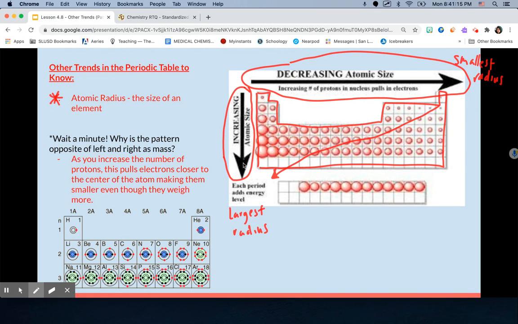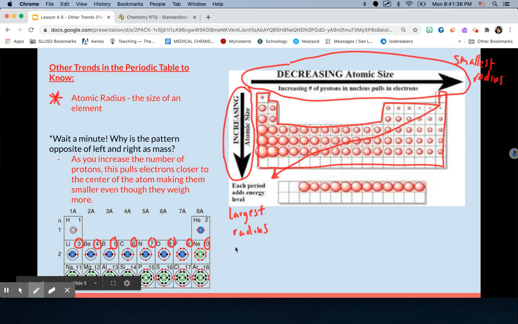Going from top to bottom getting bigger makes sense. But if you double check your periodic table, notice that as you go from left to right, let's look at row two here, I have 3 protons, 4, 5, 6, 7, 8, 9, 10.